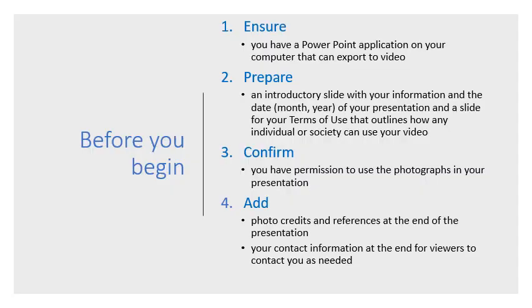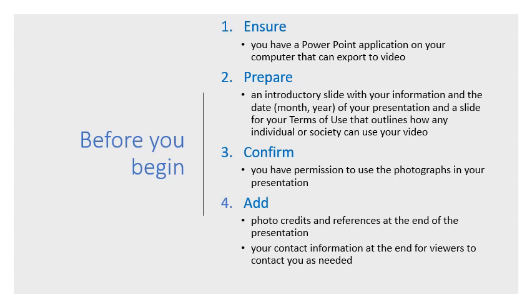I'm assuming that you have a PowerPoint that's ready to go. But before you begin, there are a few things you should make sure you have. First of all, make sure that your PowerPoint application can export to video. Just go up to File, Export, and see if Create a Video is there. You should also prepare an introductory slide with your information and the date.